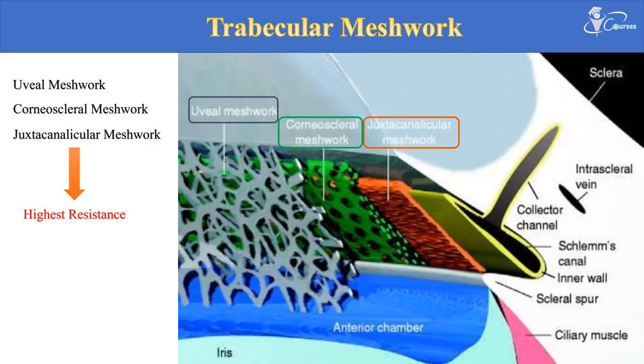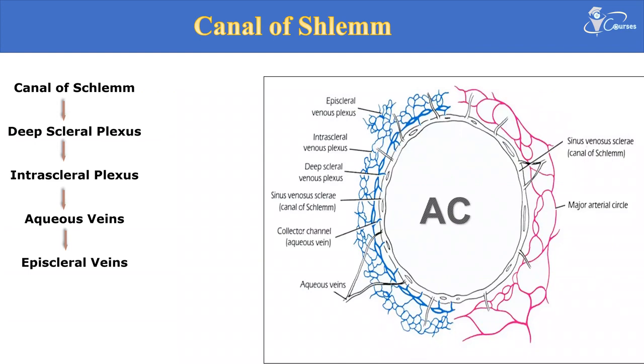And as the aqueous is filtered by the canal of Schlemm, it will pass through the deep scleral plexus, then the intrascleral plexus, then the aqueous veins and episcleral veins. So if there is any problem like high venous pressure, as we mentioned before in the pathology, as in the Sturge-Weber syndrome, where there is choroidal hemangioma, or if there is a carotid cavernous fistula where there is high pressure in the cavernous sinus, these veins will face high resistance.